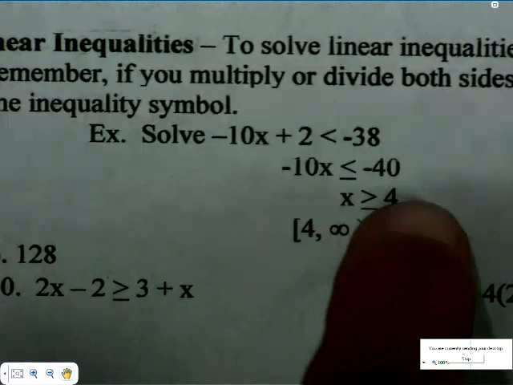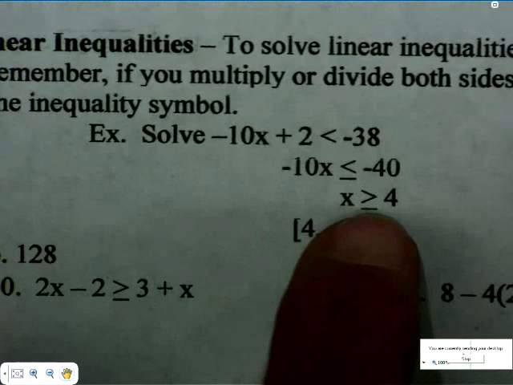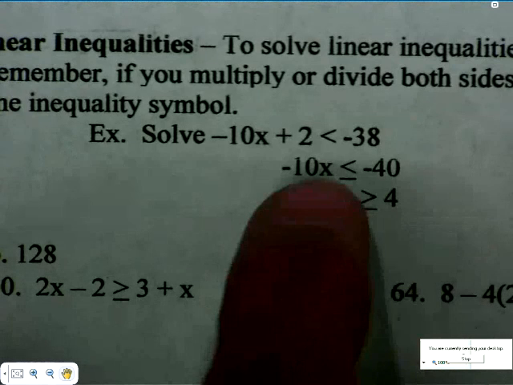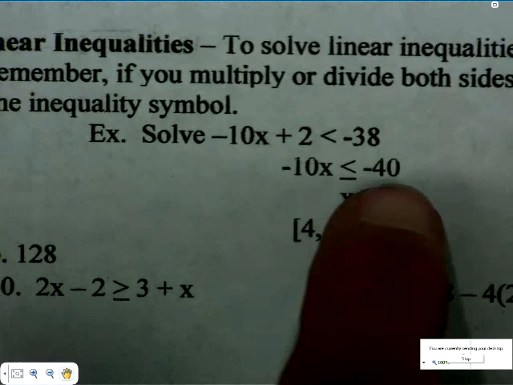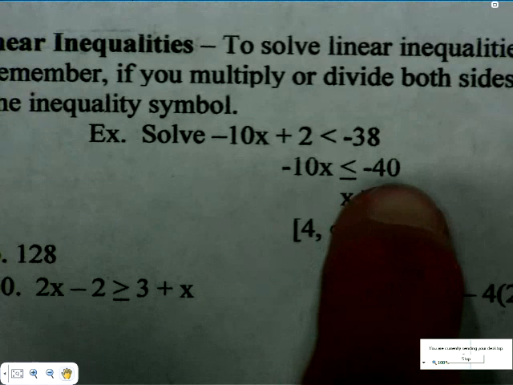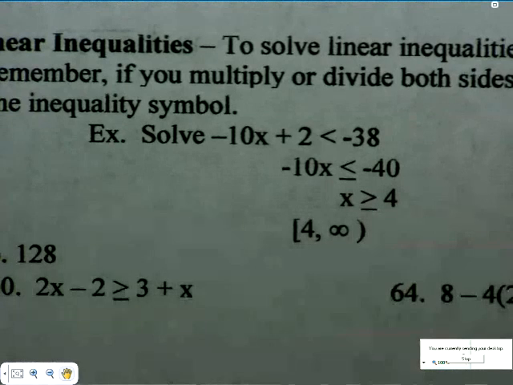That's true. If you pick a number smaller than 4, say 3, you're going to have negative 30 is less than negative 40. That's false. Negative 30 is bigger than negative 40. So that's the solution. That's your answer in interval notation.